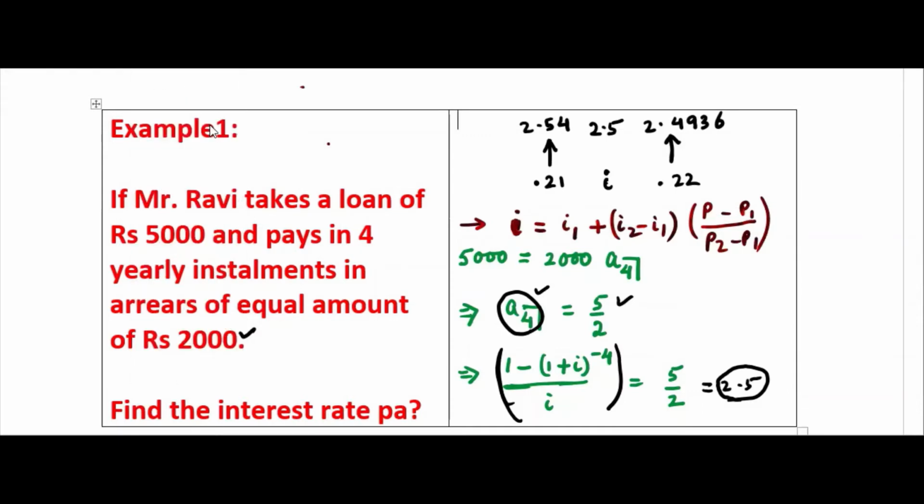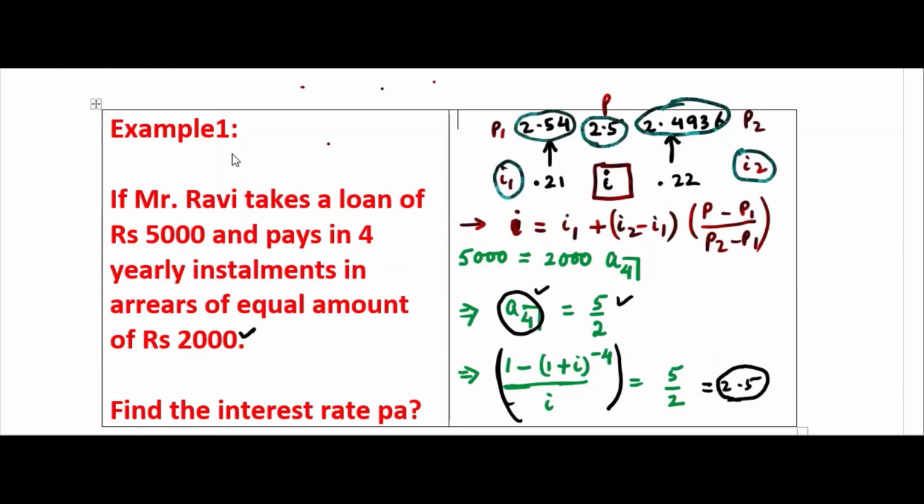So let me write here. On this side you take P1, I1, and on this side P2, I2. This is your P and this is I, which is what you need to find ultimately. Remember, once again, this one is I1, 0.21, this one is I2, 0.22, this is P2, this is P, which we know, and this is P1.